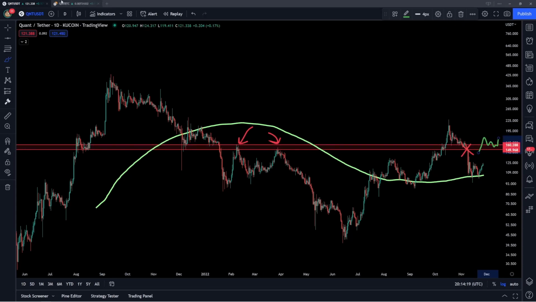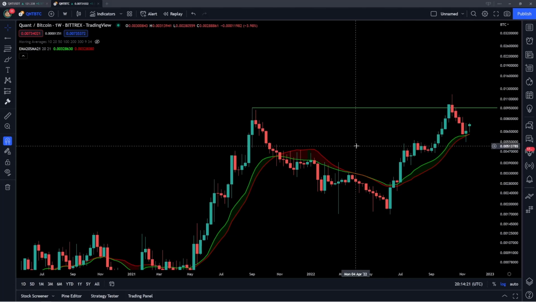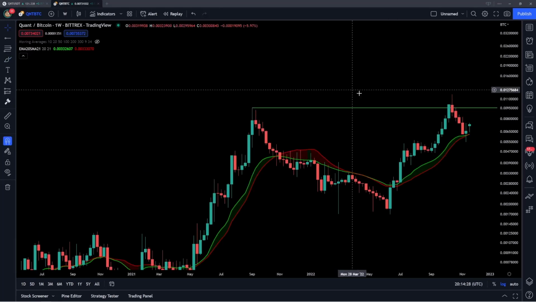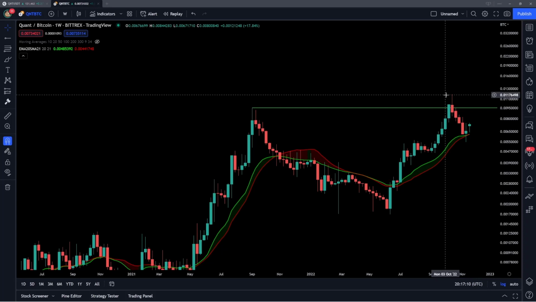So I also do want to talk about the QNT Bitcoin ratio, and this is a very interesting chart because we've just recently made a new all-time high back here in October on that same rally. And the fact that QNT has made this new all-time high with respect to Bitcoin is bullish because it represents tremendous outperformance, a lot of relative strength, especially with respect to the rest of the market.